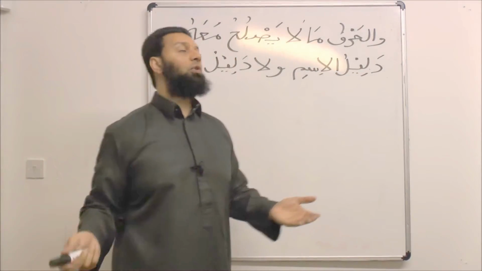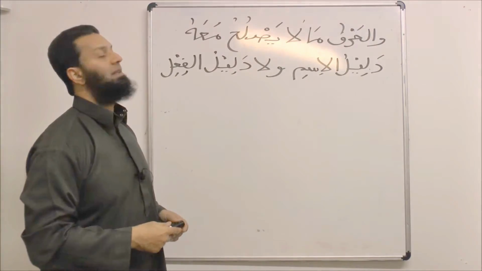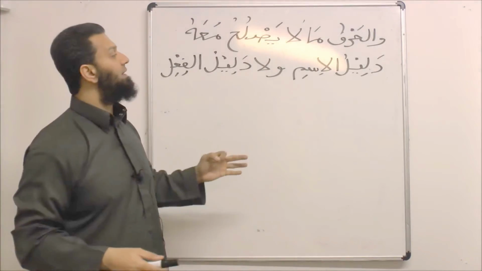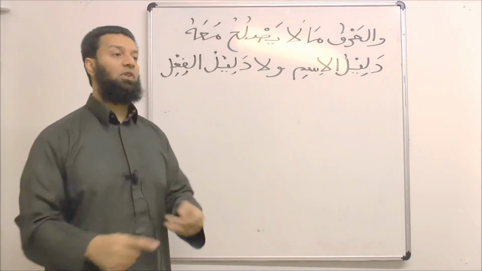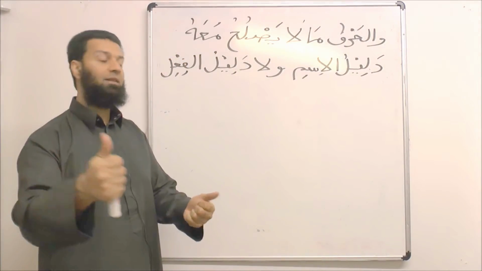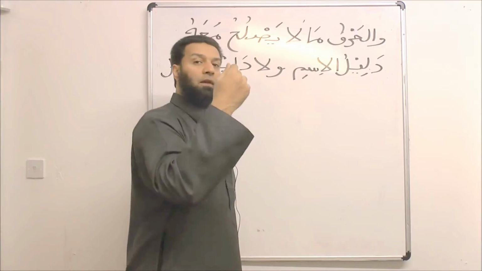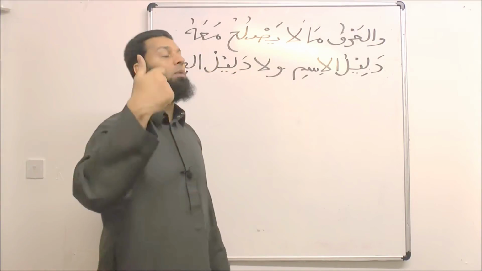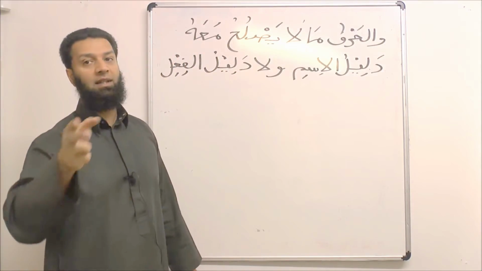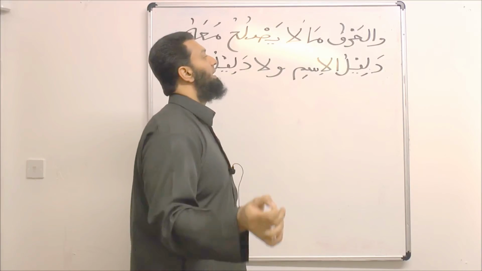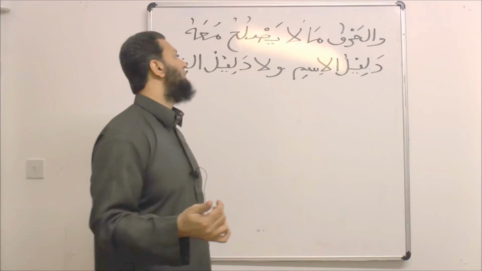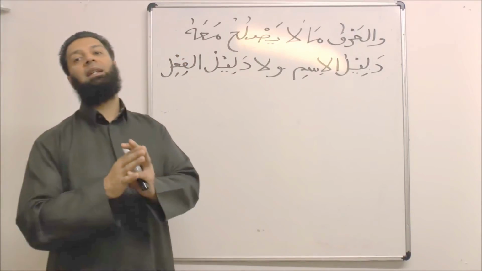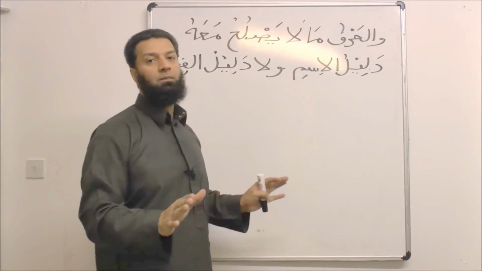Thereafter, Ibn Ajrumiyyah, Rahimahullah, mentions this in his text. Wal-harfu. So we have already discussed al-ism and then al-fi'l, the indicators of both. Then he moves on to wal-harfu ma la yasluhu ma'ahu.